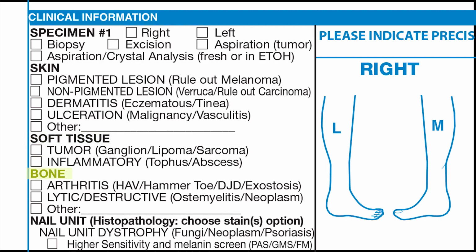If the tissue being submitted consists of bone, please select either arthritis or lytic destructive. Arthritis indicates HAV, hammer toe, DJD, exostosis. Lytic destructive indicates osteomyelitis, neoplasm. Other, please indicate any relevant clinical information.